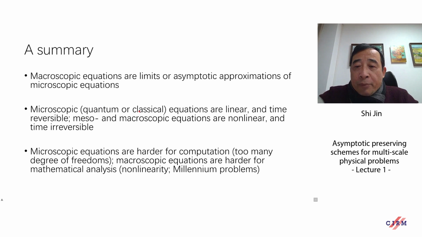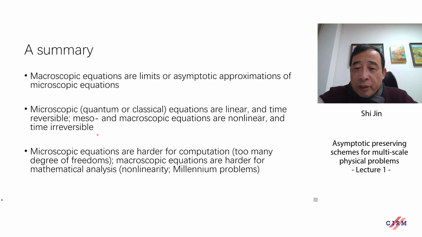And the microscopic equations are actually linear. Newton's equations are not, but if you write Liouville equations, they are linear. So microscopic quantum Liouville equations are linear. In the mathematical theory, it's relatively simple because they are linear PDEs, and they are time reversible. However, the mesoscopic or macroscopic equations, Boltzmann and fluid equations, are nonlinear, but time irreversible.